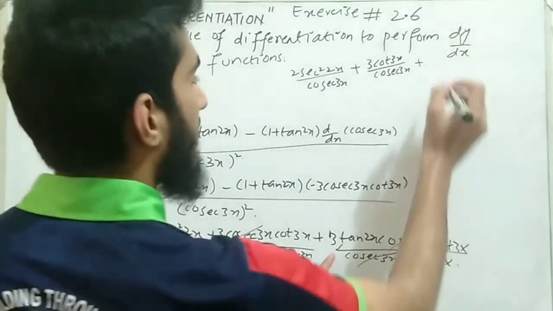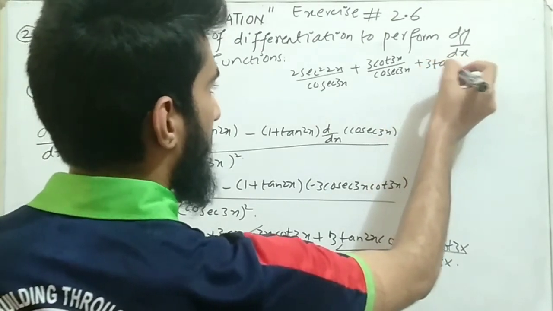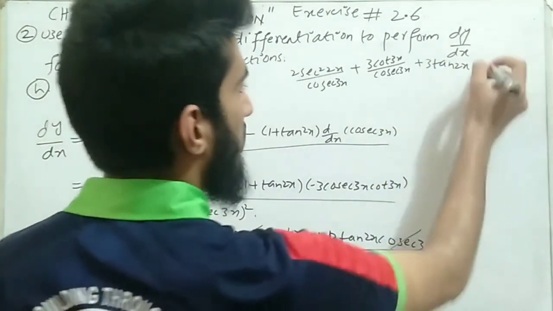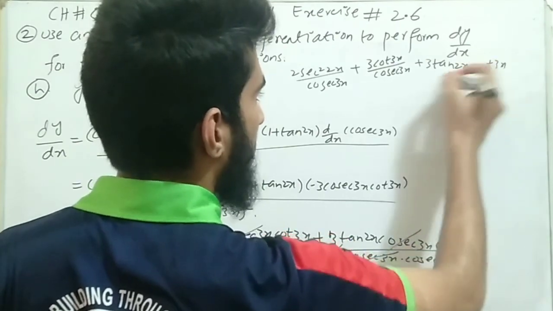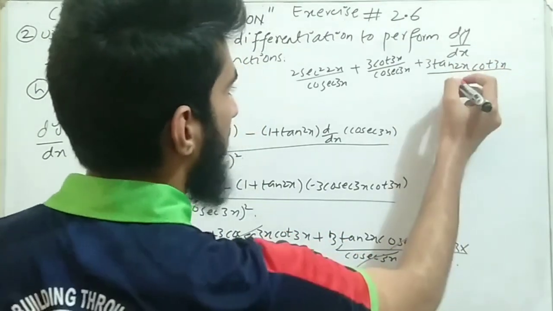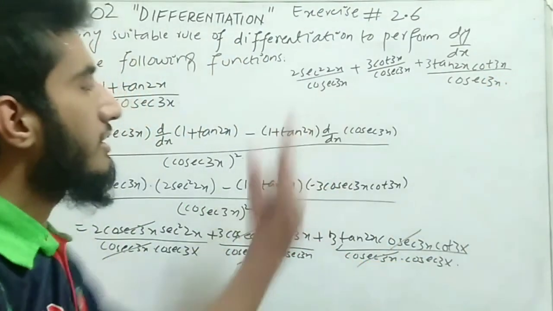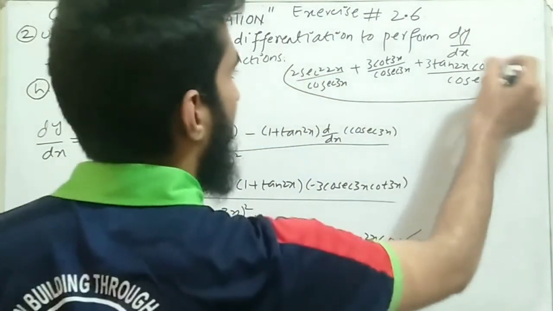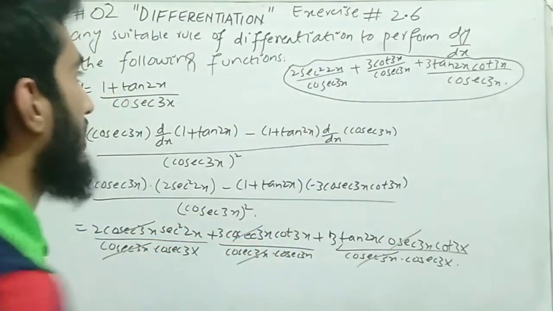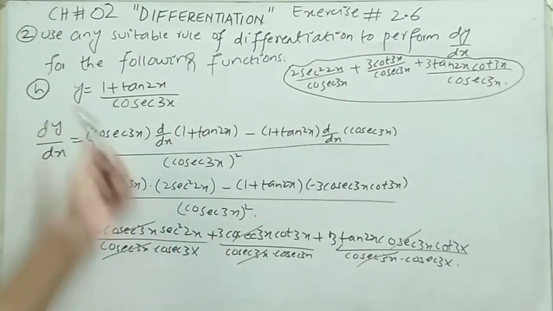We are left with 3 tangent 2x and cotangent 3x divided by cosecant 3x. Now after this it can be simplified, but we leave it here. So let's suppose this is the solution to part H.